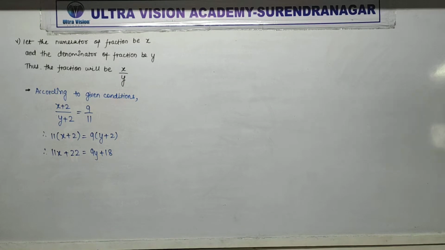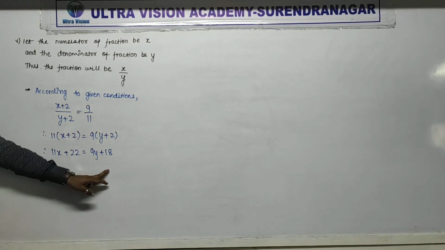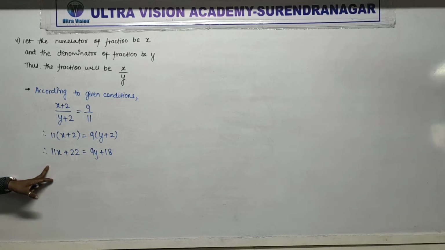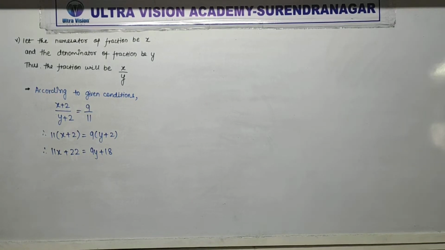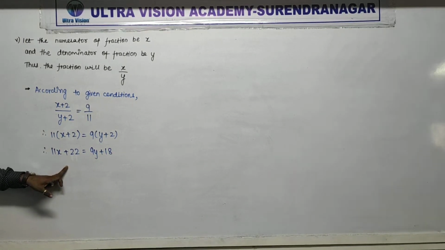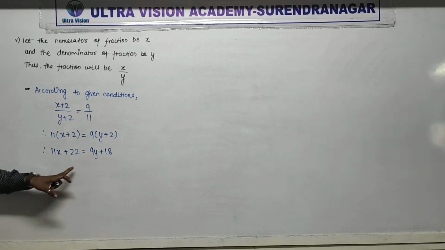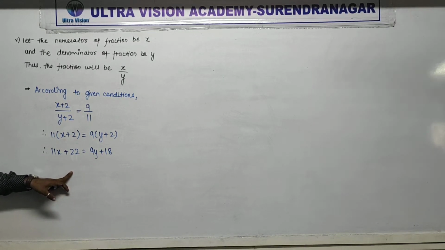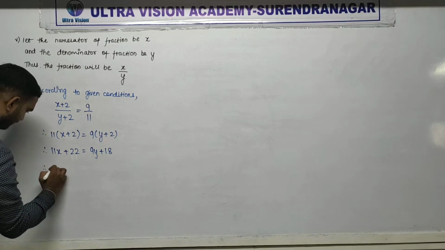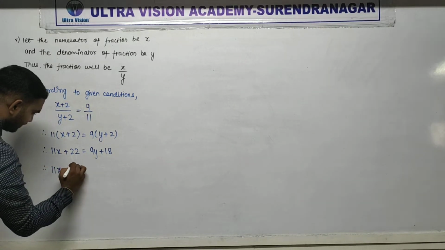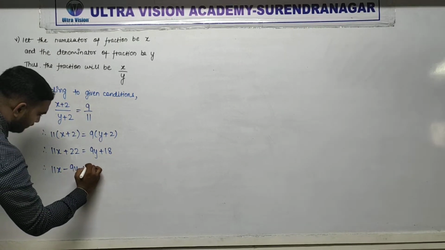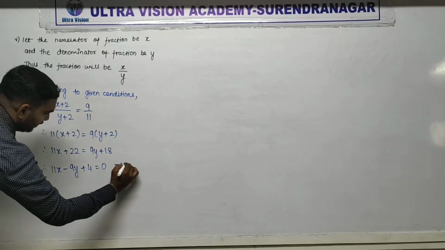Take all of the terms on the left side. Which ones? 9y and 18 on the left side, so as to form a linear equation in 2 variables. This 9y will come here, becomes negative. 18 also becomes negative. Yes or no? 11x minus 9y plus 4 equal to 0.